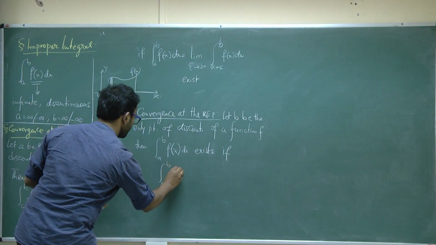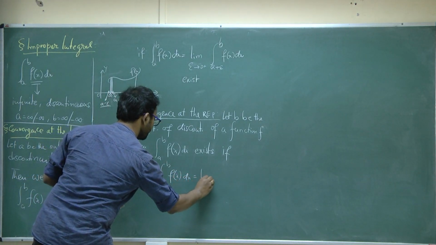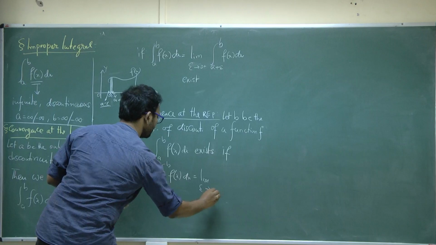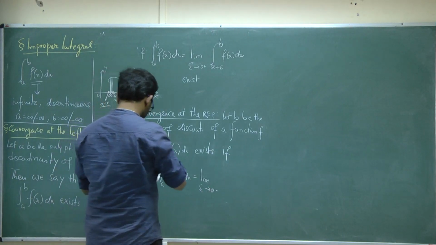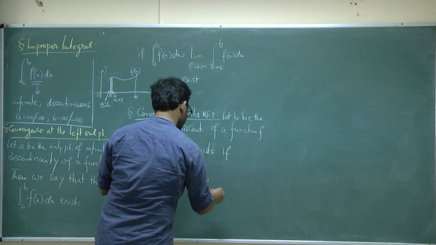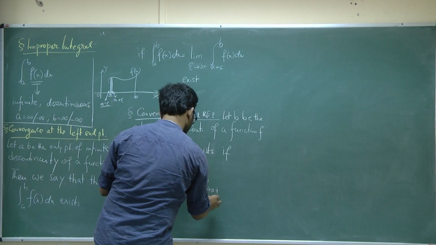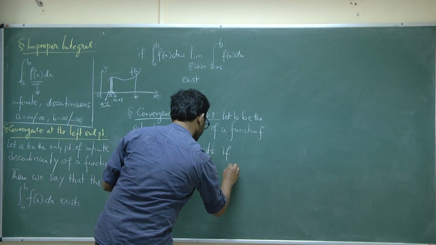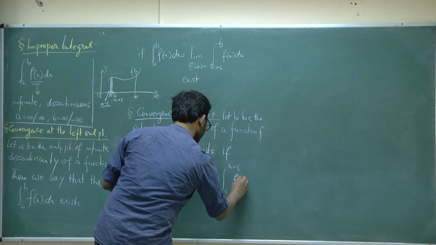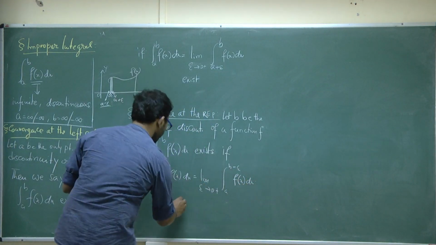First of all, let us write the integral equals limit epsilon tending towards 0 from the positive side, let us keep the same notation, epsilon tending towards 0 plus, of the integral from a to b minus epsilon of f(x) dx, if this limit exists.